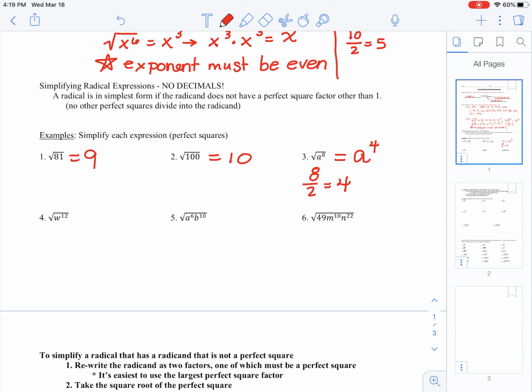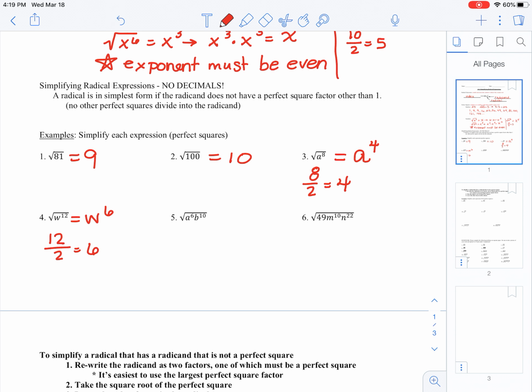We can use that same idea in question number 4. W to the 12th is a perfect square. It has an even exponent. So we take that exponent 12, divide it by 2, and get 6. So the square root of w to the 12th power is w to the 6th power.